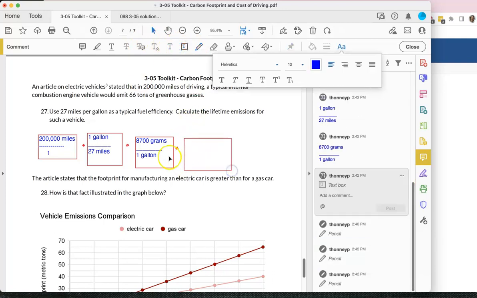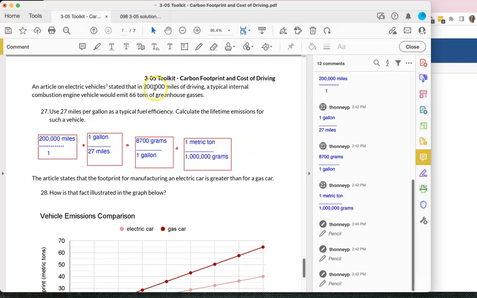This would end up with grams, and we want to turn 1,000,000 grams into 1 metric ton. So that, once we cancel, we will end up with metric tons for this particular car.